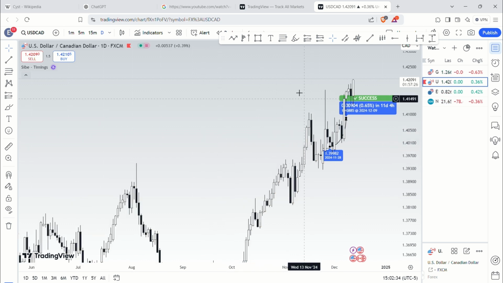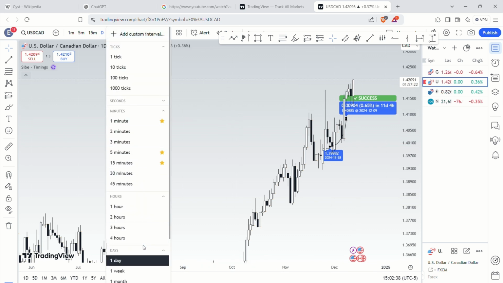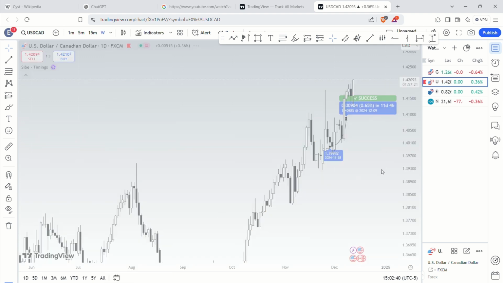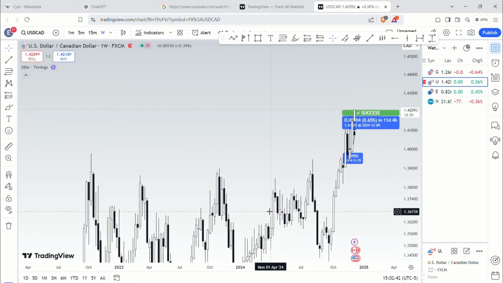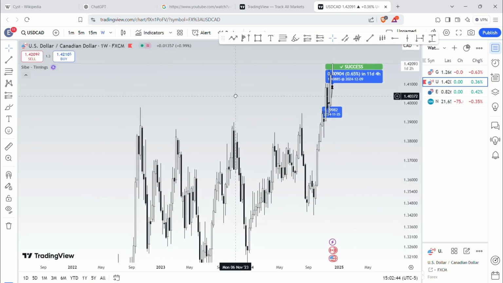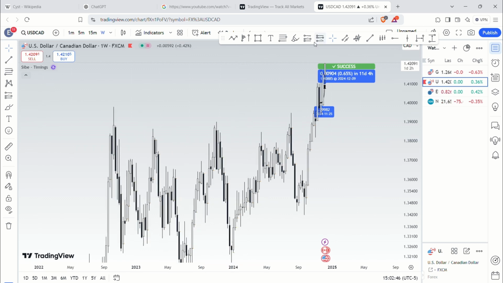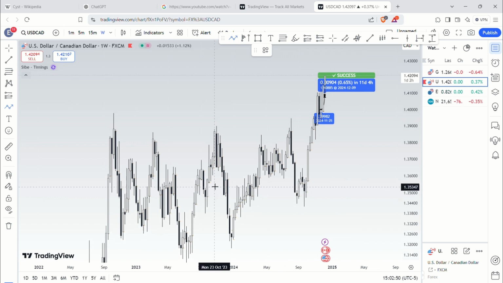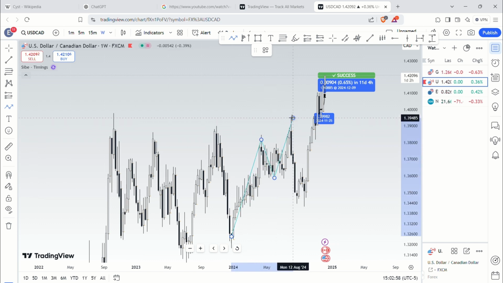So in this particular market, let's go on the weekly time frame and decide why we said that this market was heading for higher prices. Just looking at the most recent price action on the weekly time frame, the market has been consistently forming higher highs.